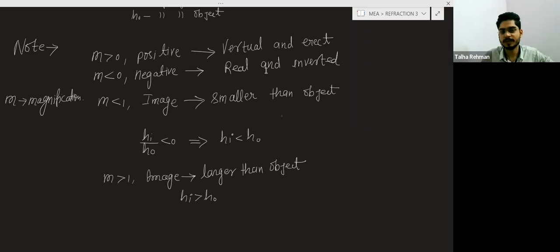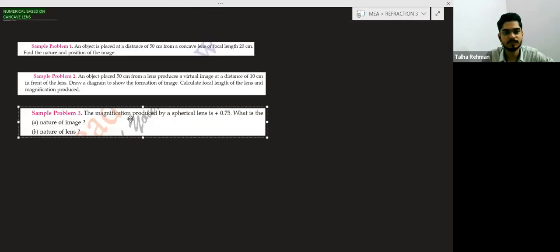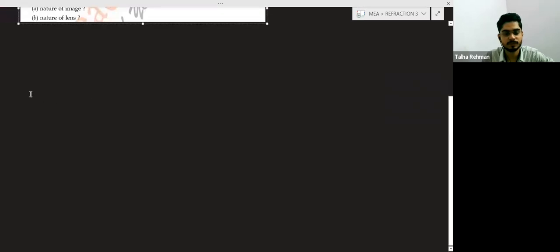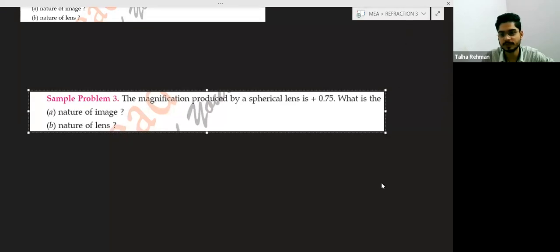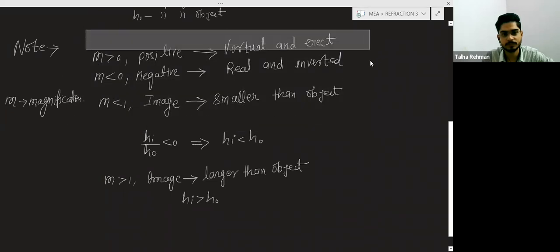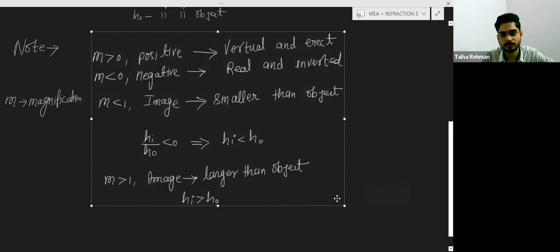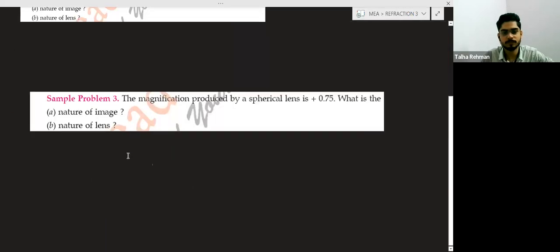So please remember this point, and on this I will just solve one question. See this question. You can solve this question with the help of this theory. They are saying the magnification produced by the spherical lens.